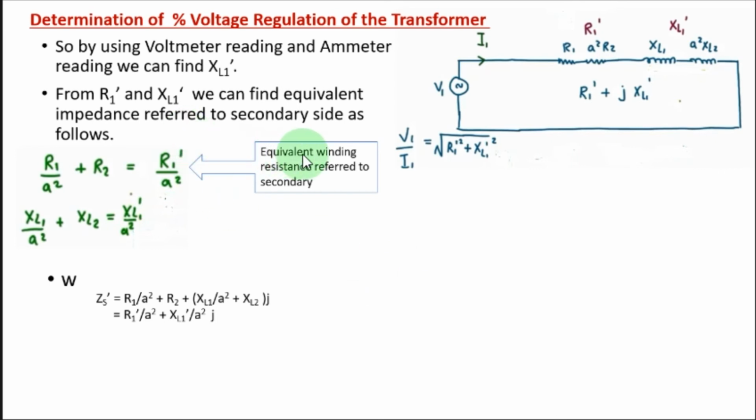This is the equivalent winding resistance referred to the secondary. This is the equivalent leakage reactance referred to the secondary. So you know both R1 dash and XL1 dash. This one is referred to the primary side, and this one is referred to the secondary side.